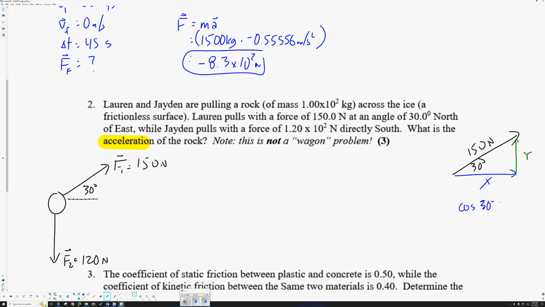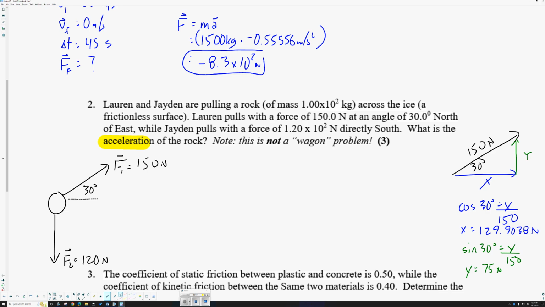Cosine 30 degrees is equal to X over 150. X is going to be equal to 150 cosine 30, which gives me 129.9038 newtons. And for the Y component, we're going to use the sine function. Sine 30 degrees is equal to Y over 150, and that's the easy one to do in our calculators. We're just going to say that's 75 newtons.